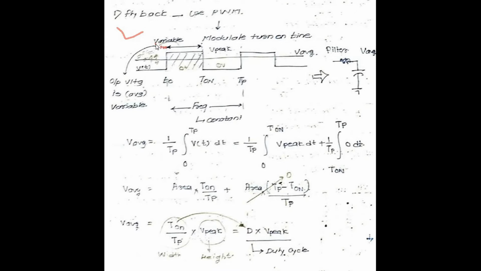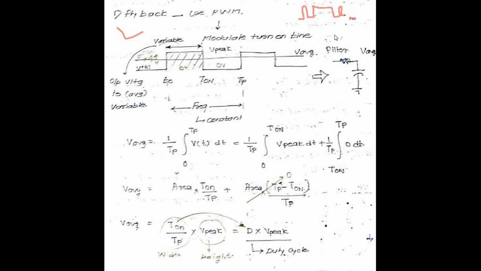PWM has two waveforms, a reference waveform and a carrier waveform. You compare the reference and carrier waveforms, and after that you generate this square waveform. I think many candidates have seen this kind of PWM waveform.